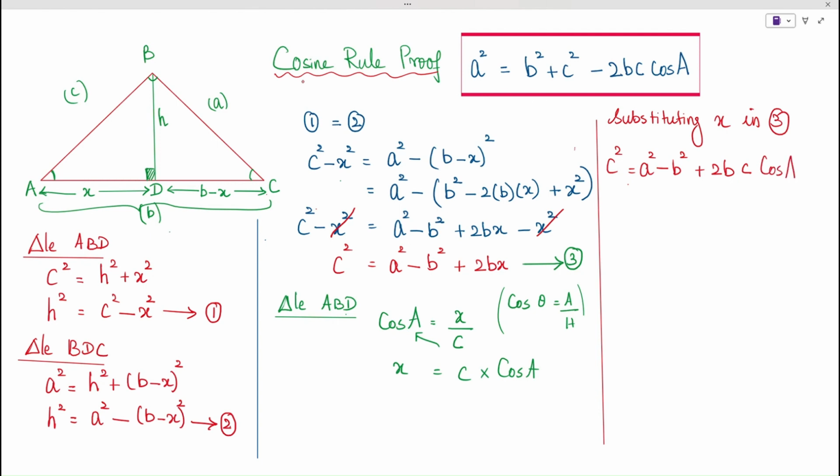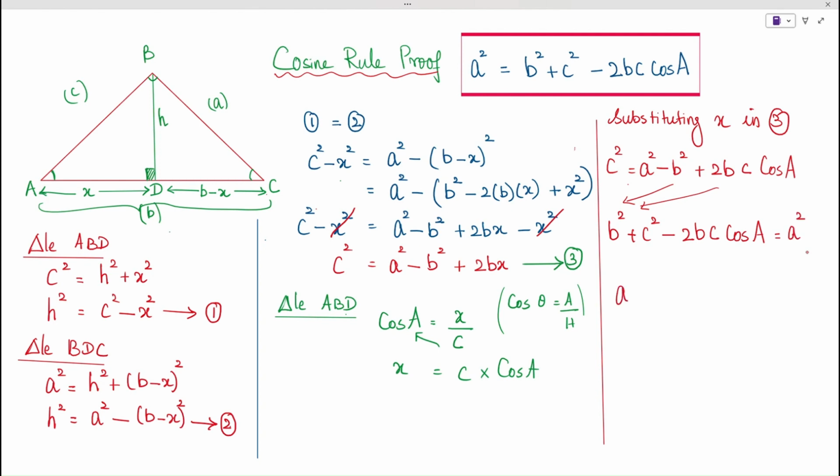cos A. And so if we move minus b squared plus 2bc cos A to the left hand side of the equation, we can get b squared plus c squared minus 2bc cos A is equal to a squared.